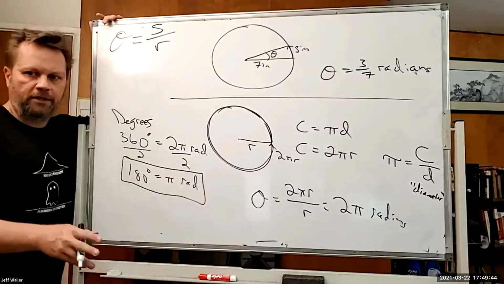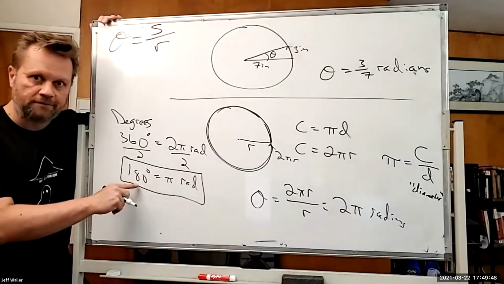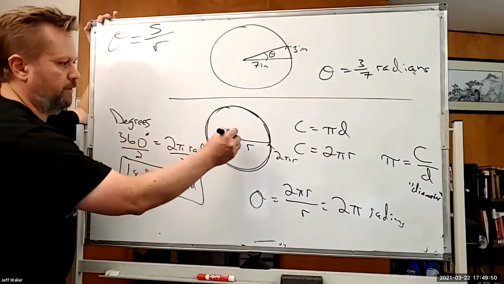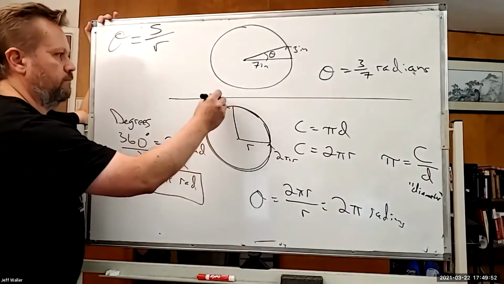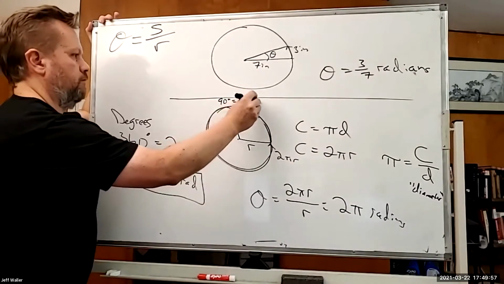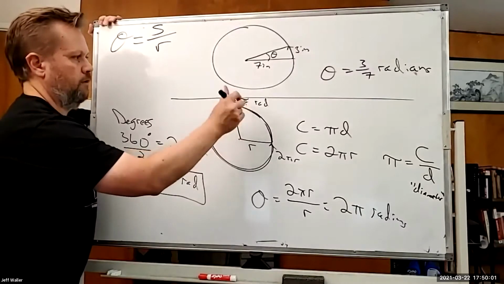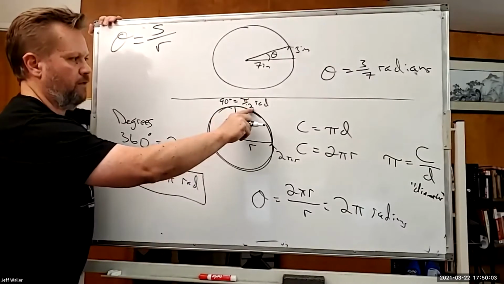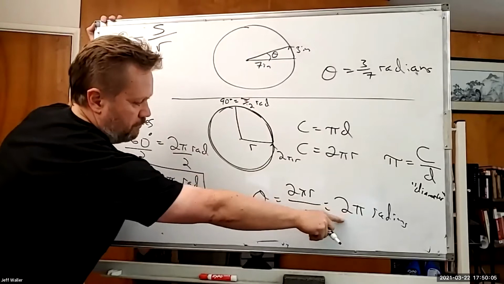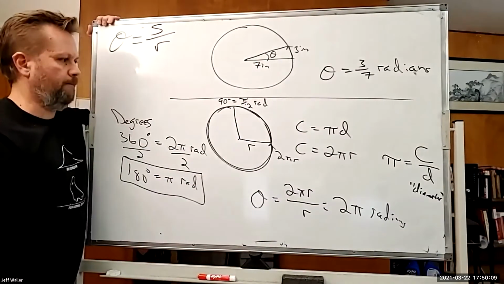All right, let me stop for a minute. So what would 90 degrees be? 1/2 pi. Good. Pi over 2 rad, which is 1/4 of the way around the whole circle, right? Okay.